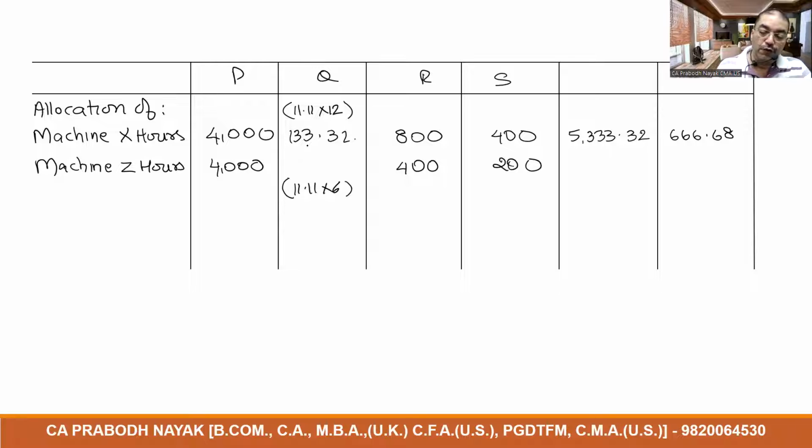So that will be half of this, so it will be 66.67. Plus 4,000 plus 400 plus 200, 4,666.67. Minus this from 6,000, we get 1,333.33.